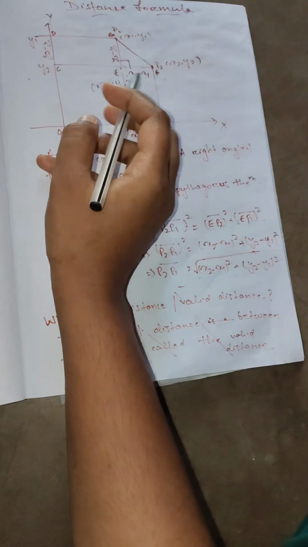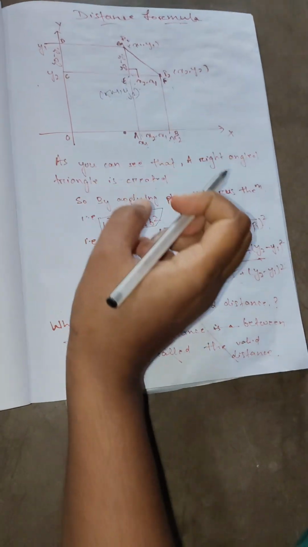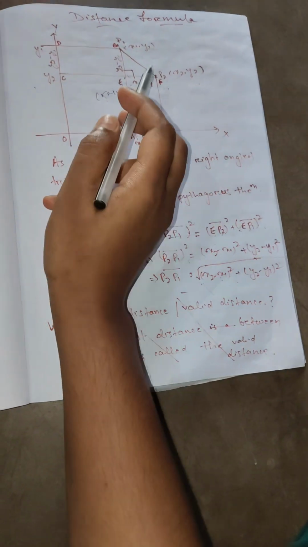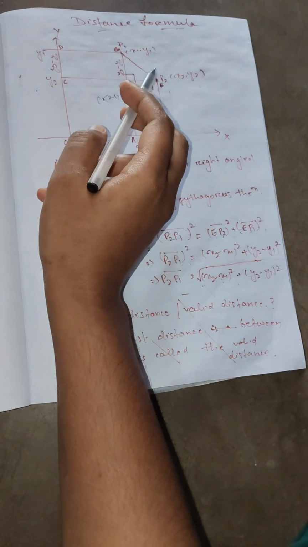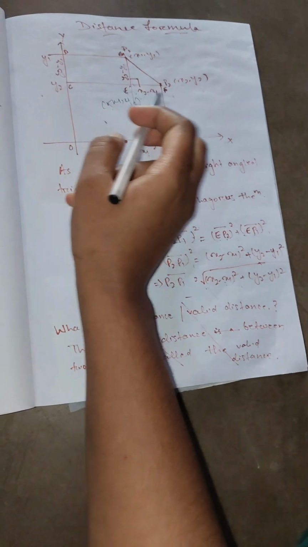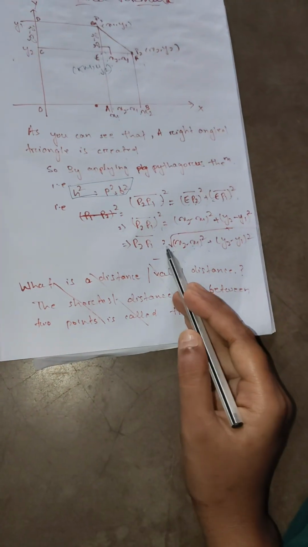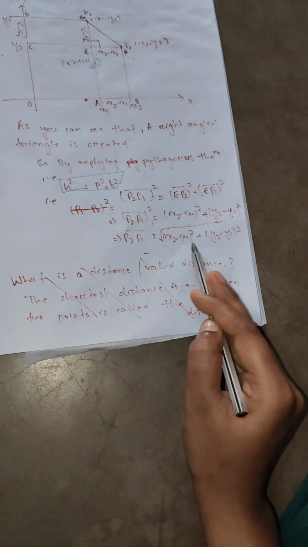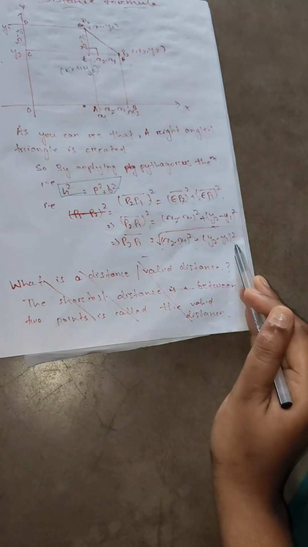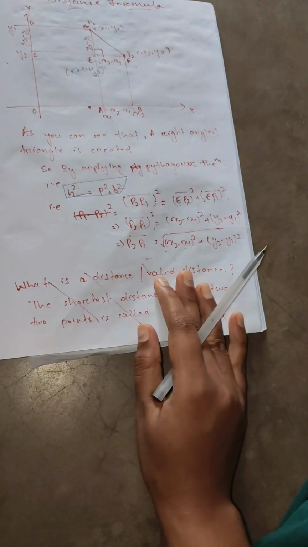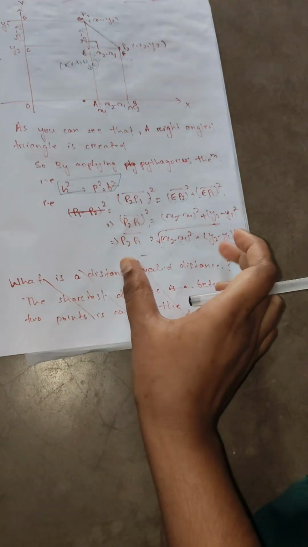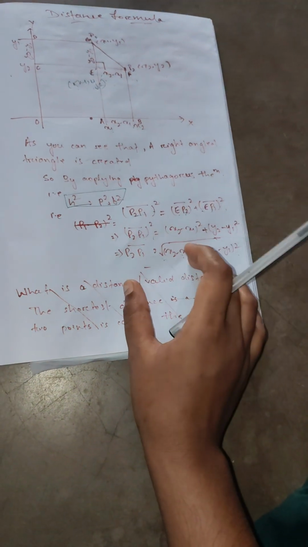So we have derived, using the Pythagoras theorem, the hypotenuse of the triangle which represents the distance between these 2 points P1 and P2 as root over of (x2 minus x1) whole square plus (y2 minus y1) whole square. So by using this formula we can derive the distance.